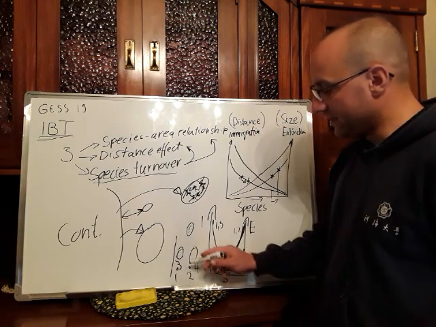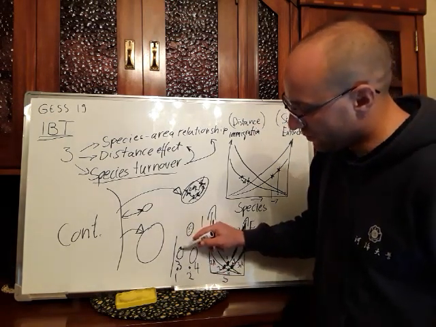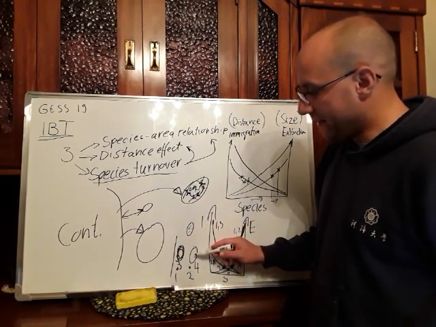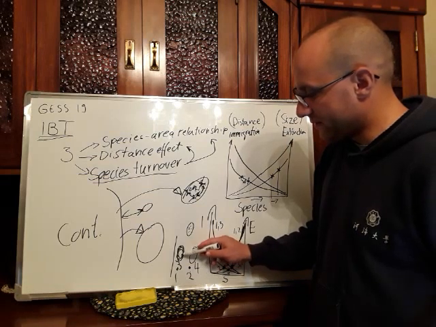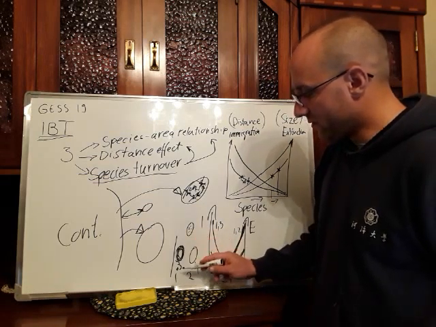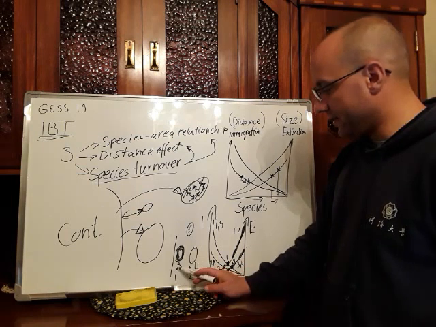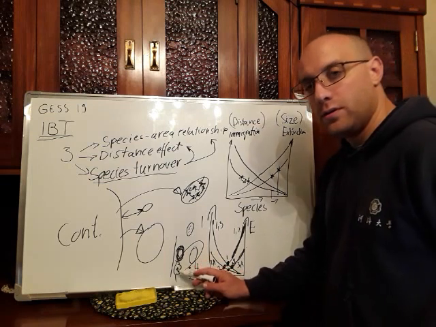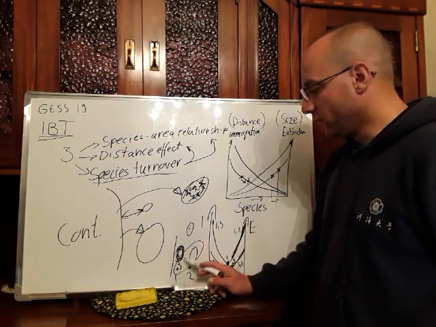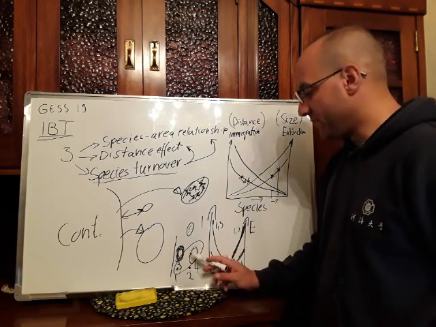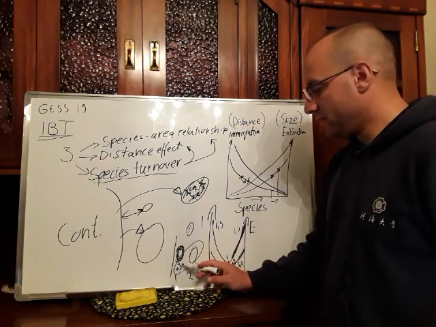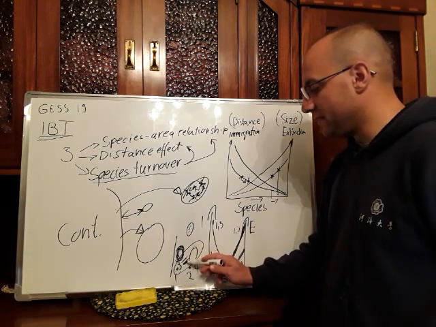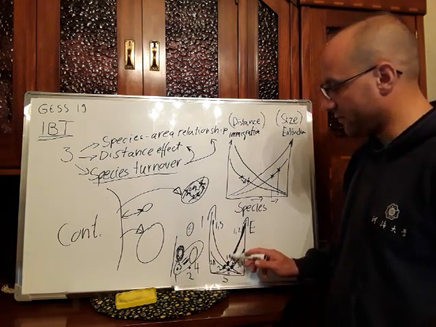We said that's number 3 with the most. So in case of 1 and 4, a small but close island and a distant but large island, perhaps the species number will be approximately the same. So that's what we find over here.